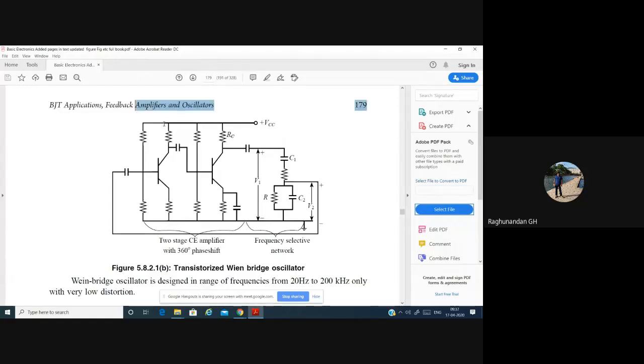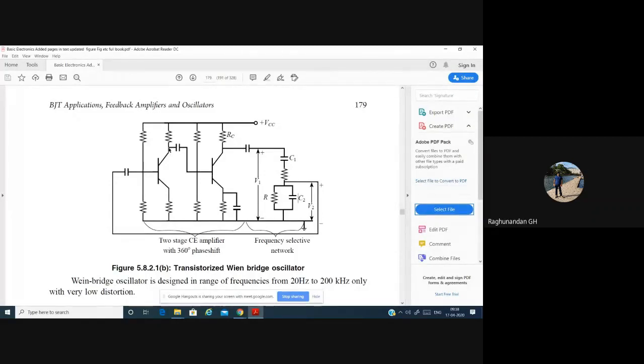See this part, this is one voltage divider bias circuit, the same circuit we had in the RC phase shift. This is one voltage divider circuit, and this is one more voltage divider circuit. Two voltage divider circuits you have. The output of one is connected as input to the next one.